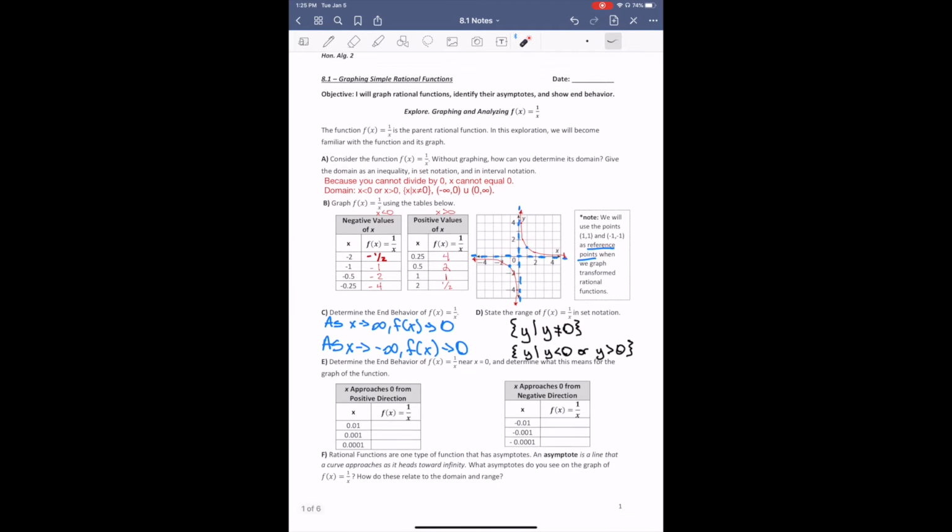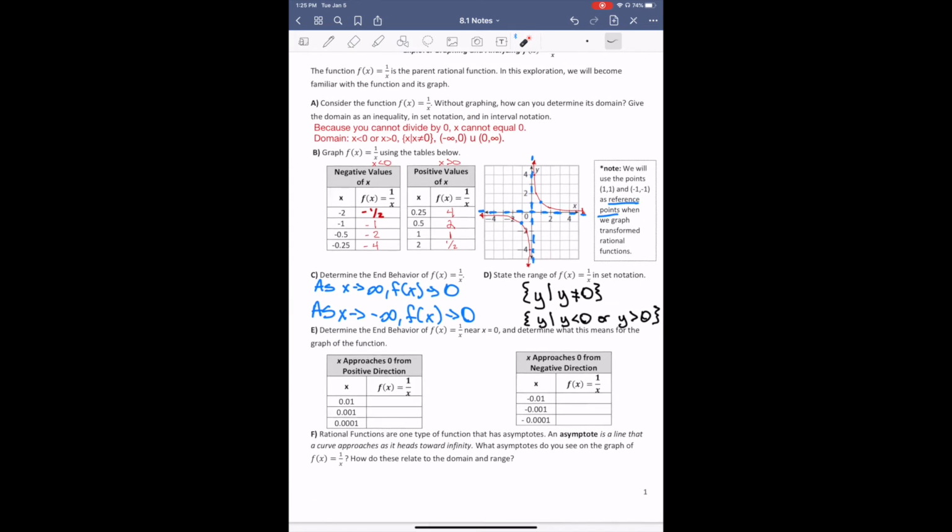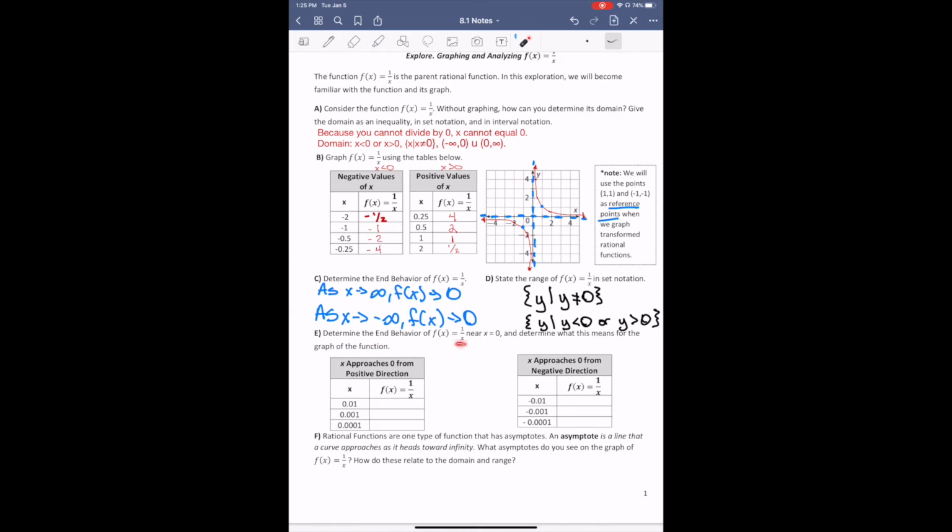Okay. Now, determine the end behavior of f of x equals 1 over x near x equals 0. This means we are going to look at end behavior as we come in to 0. We are used to looking at end behavior as x approaches infinity going to the right, and then as x approaches infinity going to the left.